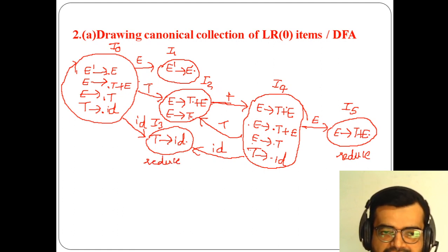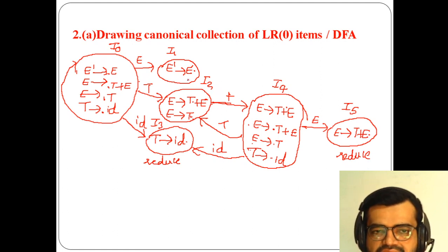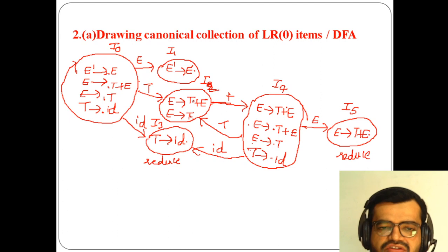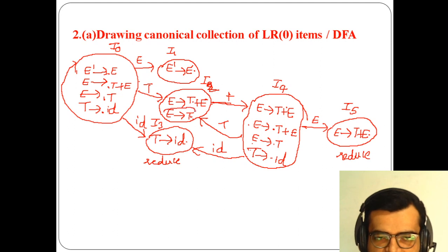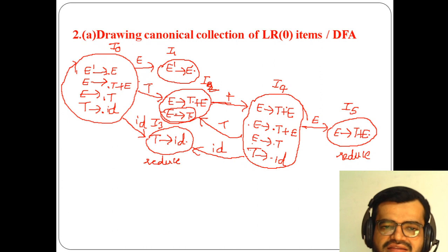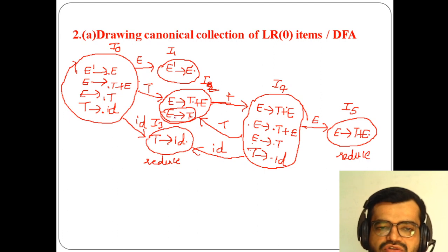Okay. And one more thing you can observe here in I2, this is your I2, right? In I2, if you observe the second production, there is one change. What is that change? The second production is a final one, because after that nothing is there. So this second production is also used for reduce purpose.